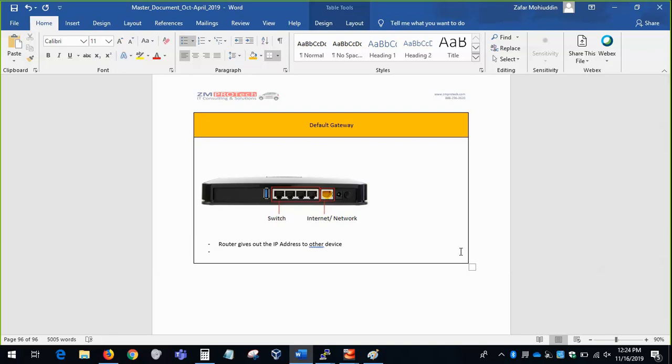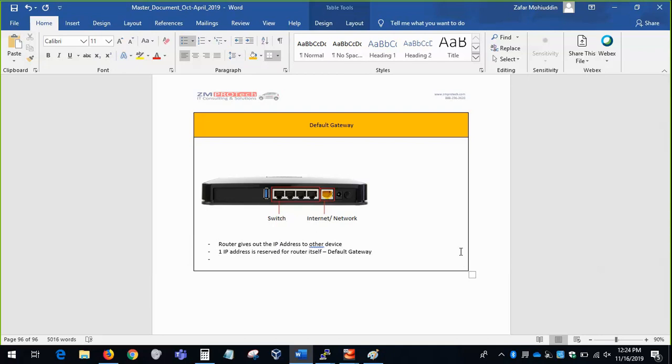One IP address is reserved for the router itself, and this IP address is called the default gateway. So what is the default gateway? The default gateway is the IP address of the router.